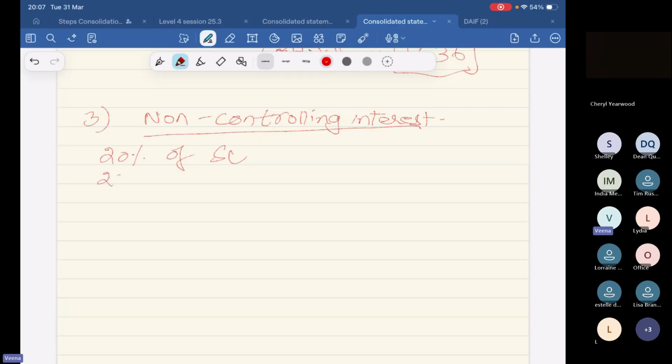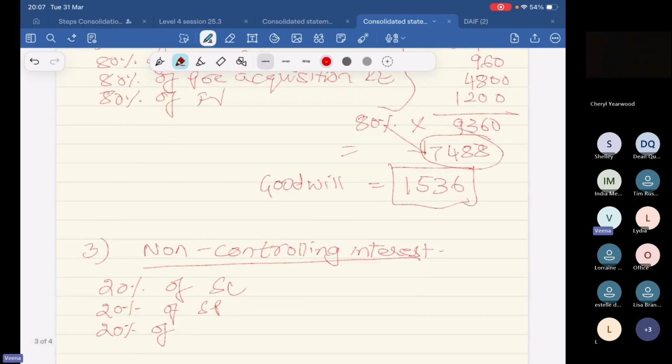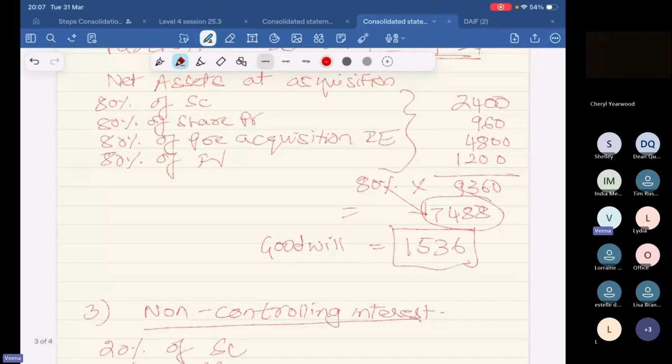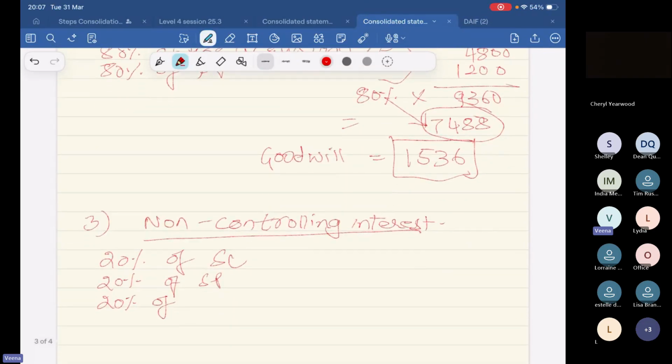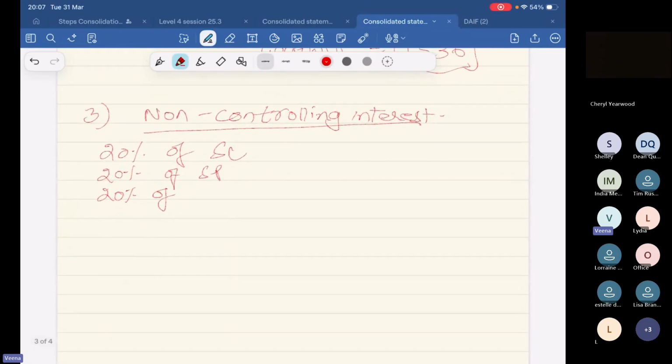20% of share capital, 20% of share premium, 20% of the retained earnings, because you gave away 80% to them, isn't it? Out of this 4,800, you gave away 20% to them. But let us look at this now. 20% of retained earnings, both pre-acquisition as well as post-acquisition. Why is that?